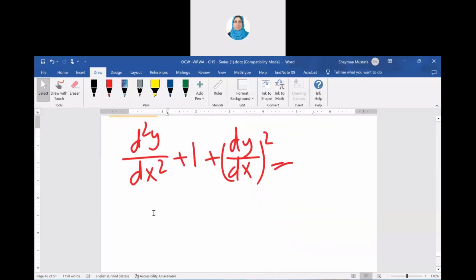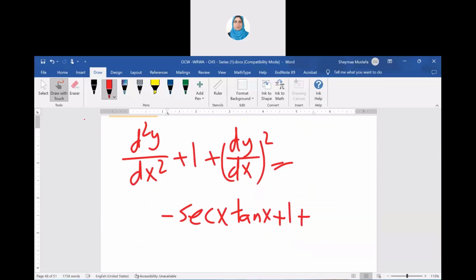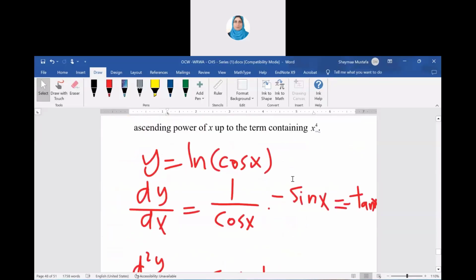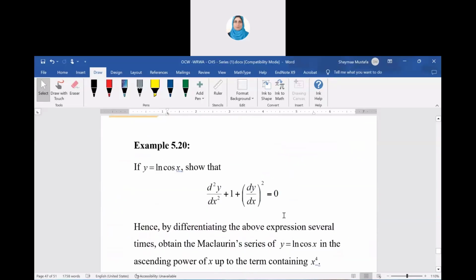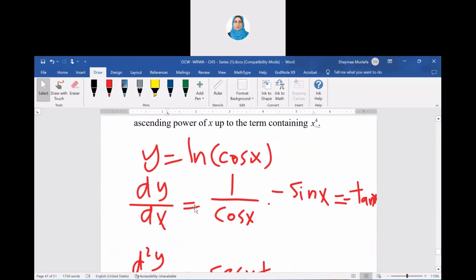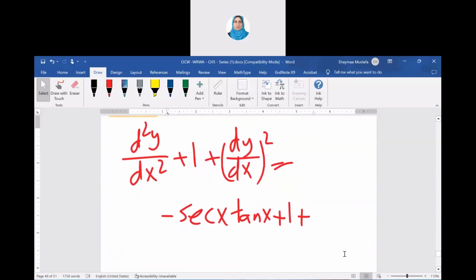Now the second derivative here is minus sec x tan x, plus 1 plus dy over dx squared, which is tan squared x.